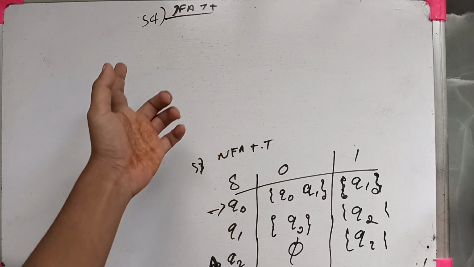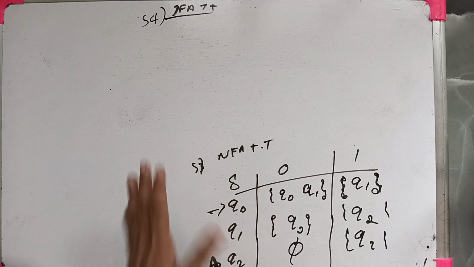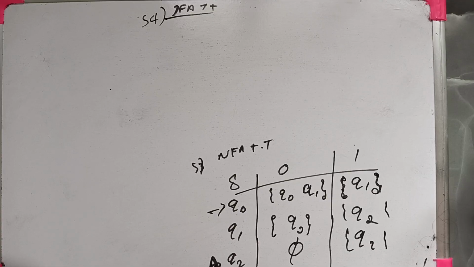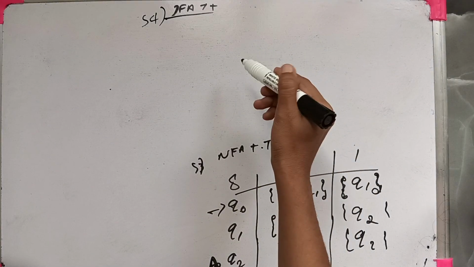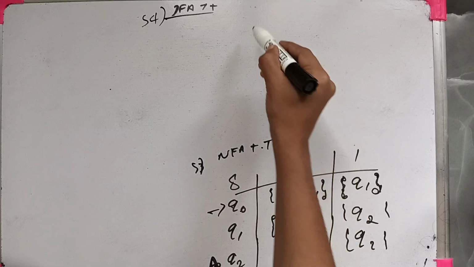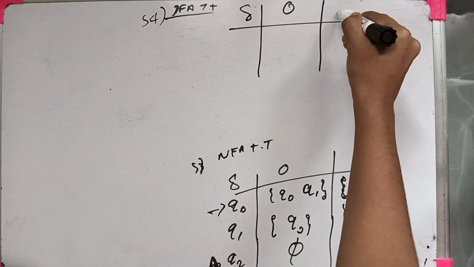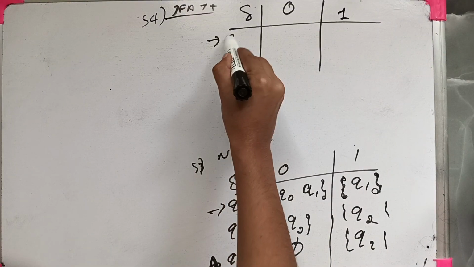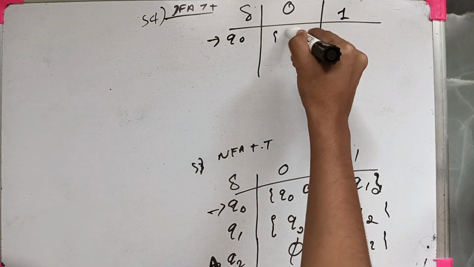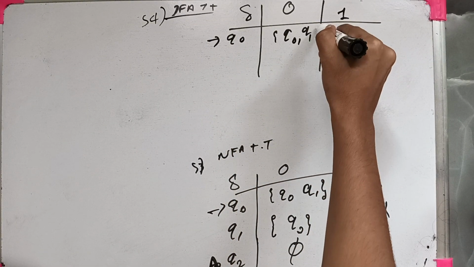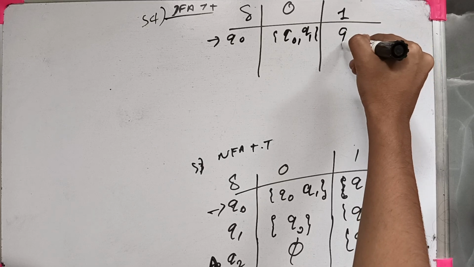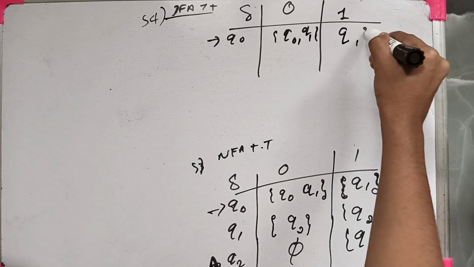But in the DFA transition table we write only the required states. Let's see. First write the table, the NFA transition table. Okay, we start from Q0, 0 and 1. Here the starting state is Q0, and on 0 we get Q0, Q1, and on 1 there is Q1.